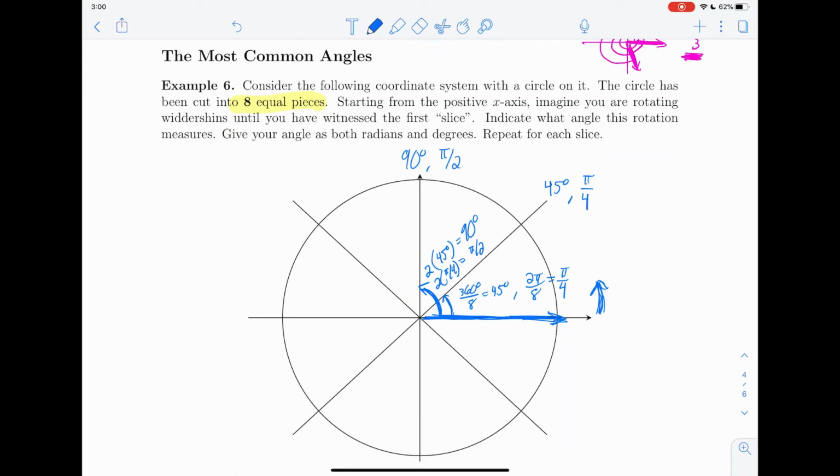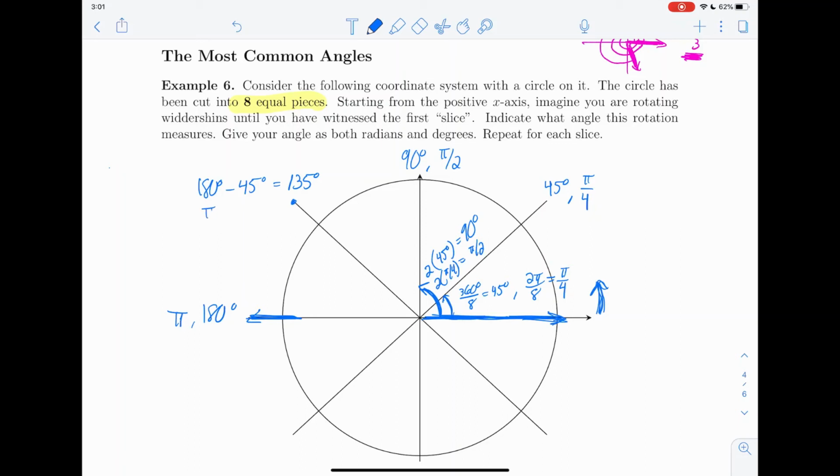Maybe I'll observe that this slice up here can be thought of as half a pizza minus a slice. So half a pizza, we remember, is pi, otherwise known as 180 degrees. We know that this angle can be thought of as half the pie, but minus a slice, where a slice is 45 degrees. And if you do the arithmetic, you get 135 degrees.